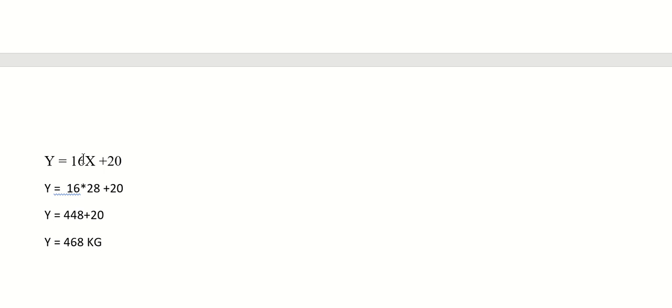So the basic purpose behind calculating a regression line or the coefficients of x and y is to predict the future values, so that we can accurately predict what is going to happen on the basis of any independent variable. On the basis of x we have calculated y. If x is 28, y should be 468. So this is what we have calculated.